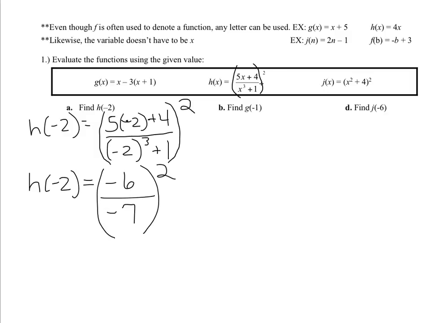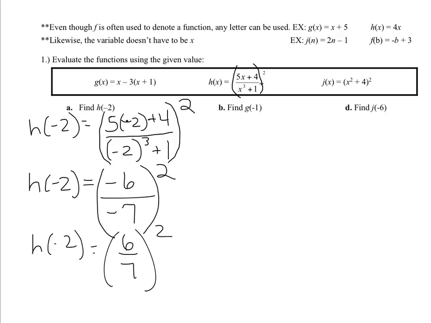All right? So first of all, this final answer is definitely going to be positive, no matter what. At the very beginning, a negative over a negative is a positive. Another thing, if I don't change this to a positive right now, we're still squaring the top and the bottom, right? I'm just going to go ahead and rewrite this as h of negative 2 equals 6/7 squared because it's a little bit easier to know that.